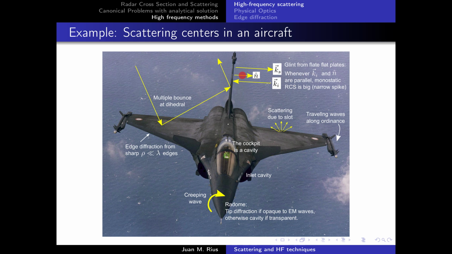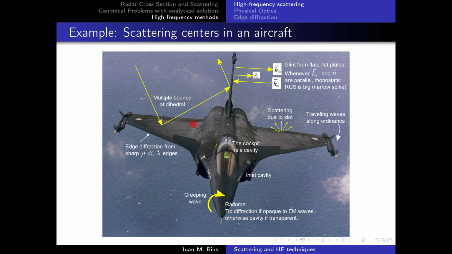It is the most important contribution to monostatic radar cross-section: when the incident direction is perpendicular to the planar surface, the reflected field goes back to the monostatic radar, and we can observe a flash, a glint, at this surface.